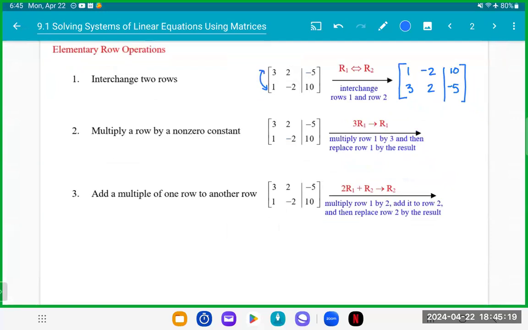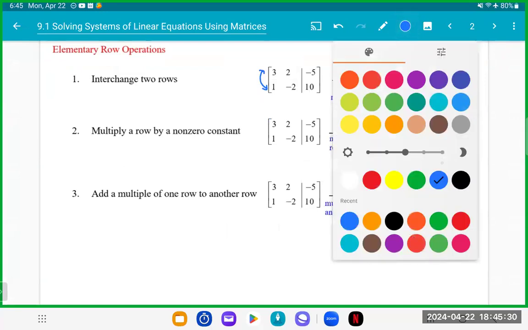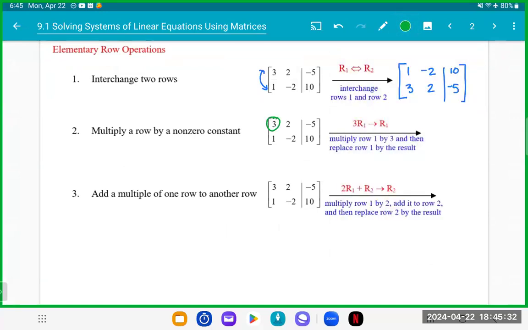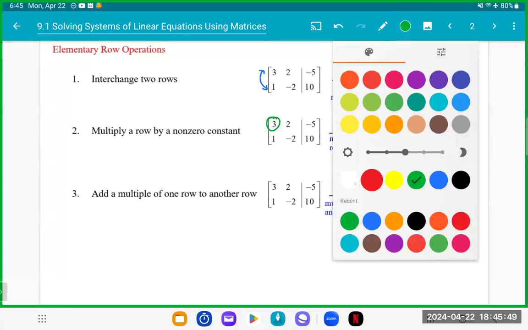All right. This next one is if we didn't do that and we wanted to get this. Our first step is to make sure that that first position here is a 1. And so if we didn't swap places with them, we would have to do something else. And this says row 1, but we're actually going to change that. Hang on.